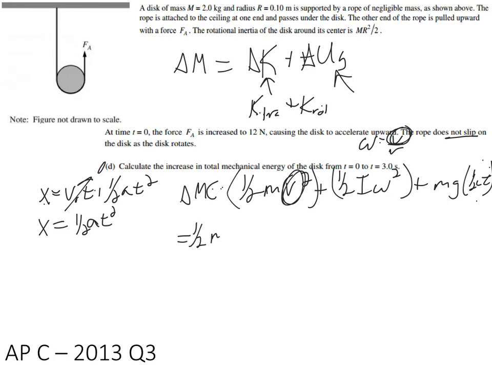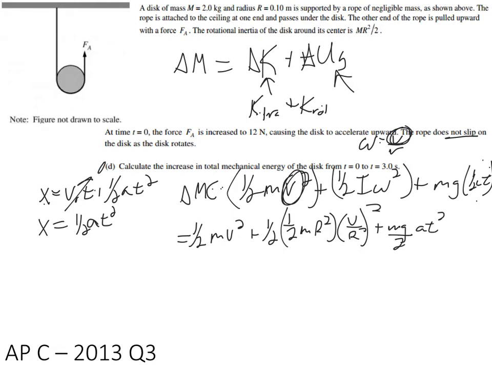So I'm going to get 1/2 mv squared plus 1/2 of 1/2 mr squared times v over r squared plus mg times half at squared.